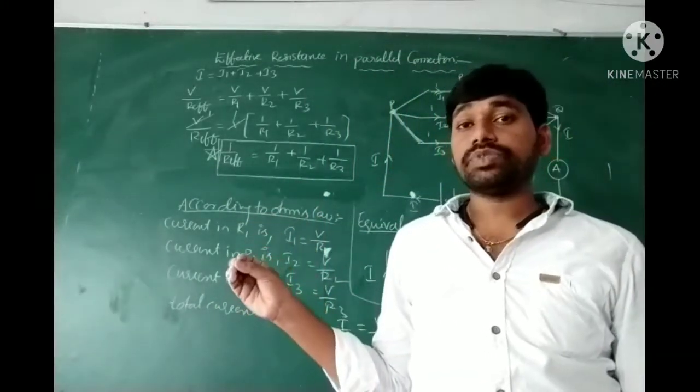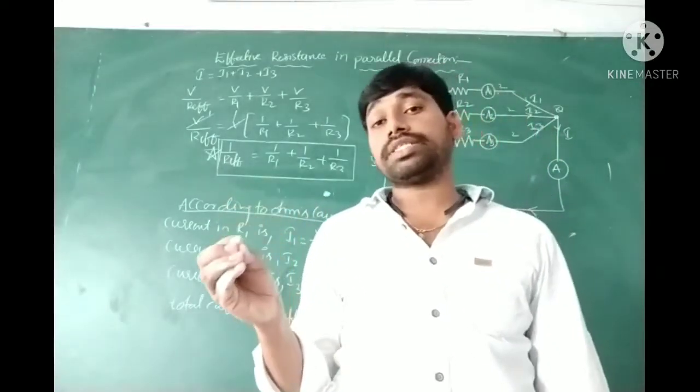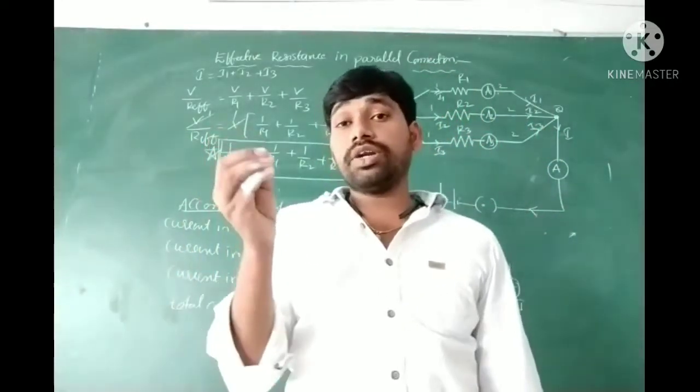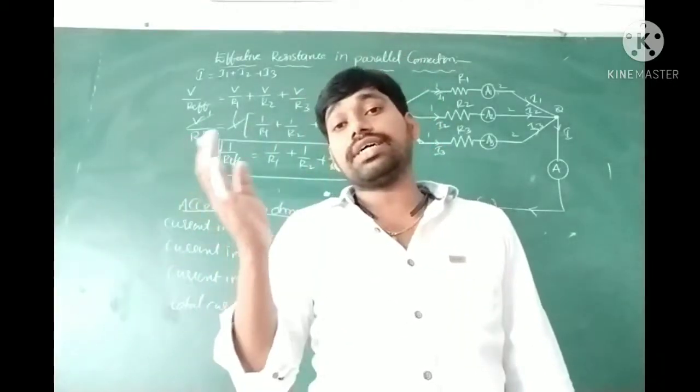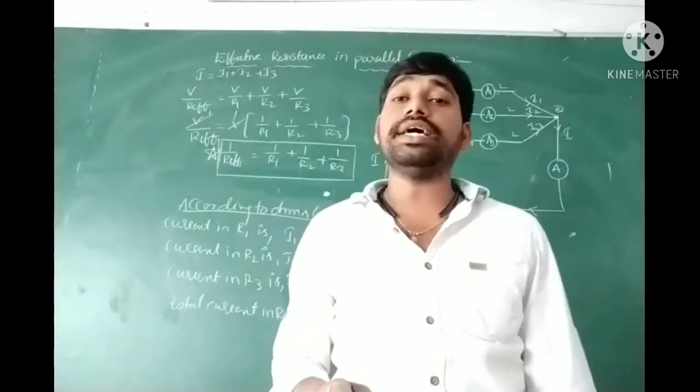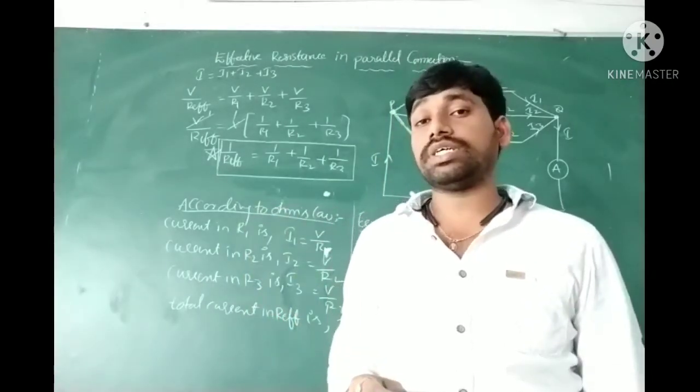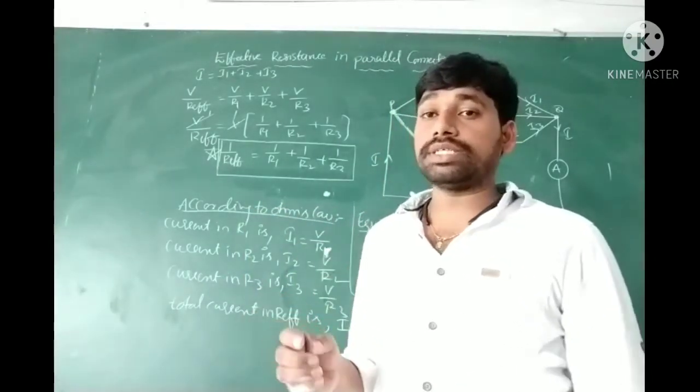Let us try to write some formulas, not only for three resistors, but for more than three resistors or fewer than three resistors, like two resistors connected in parallel. So what is the effective resistance? Let us go with the formulas.